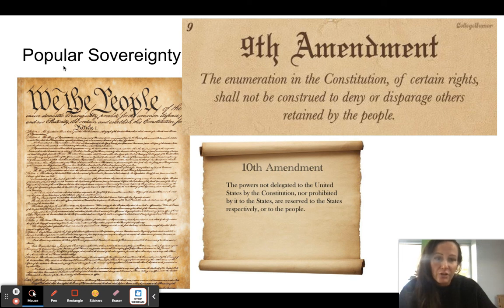You've heard me beat to the ground that it's really we the people of the United States, and it's a federalist statement and not a warm and fuzzy we the people's rights statement. But you do see that in other places, which was important to the Anti-Federalists. You see it in the Ninth Amendment, right, that these rights are retained by the people, and the 10th Amendment that other powers are reserved to the states, respectively, or to the people. So you definitely see it there as well.